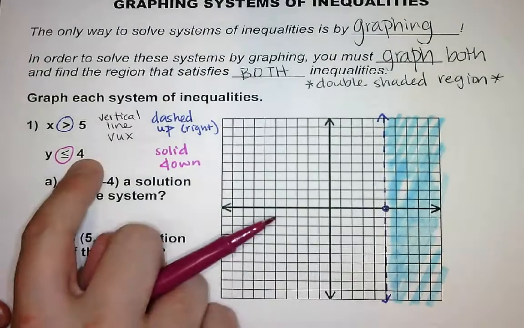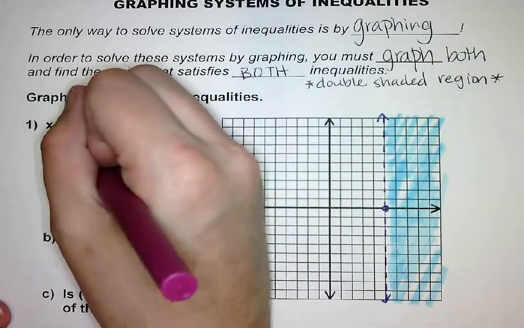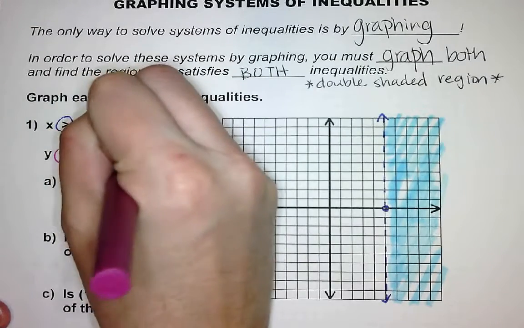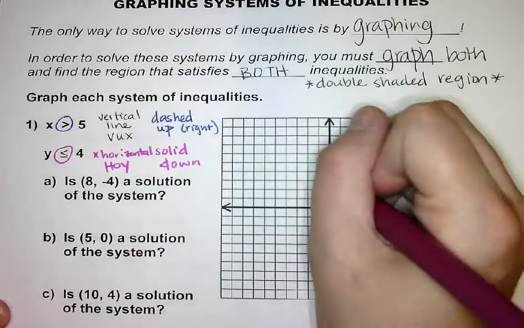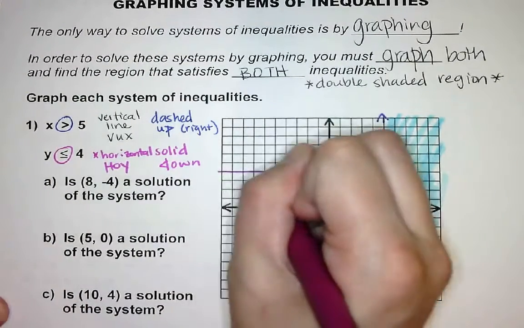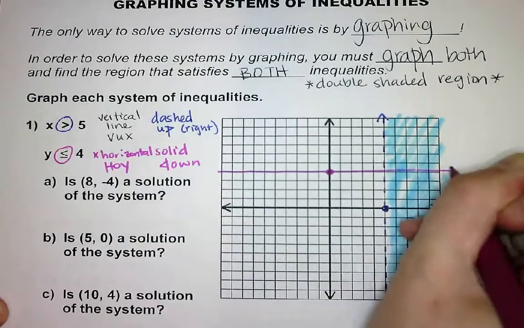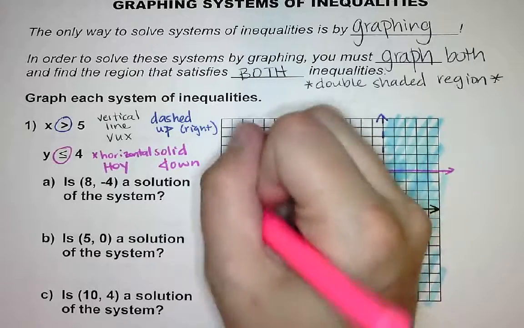This is a horizontal line, or you can think HOY. It's at 4, so I'm going to go right up here at 4, and it's a solid line, so I'll draw my line straight across, and we are going to shade down.